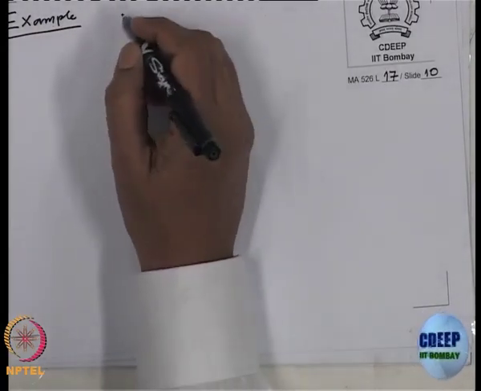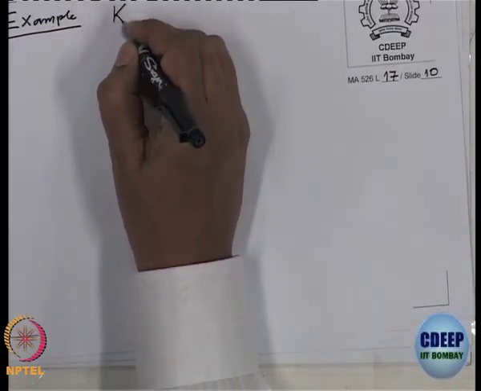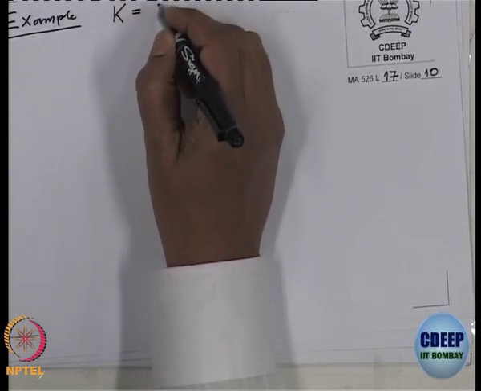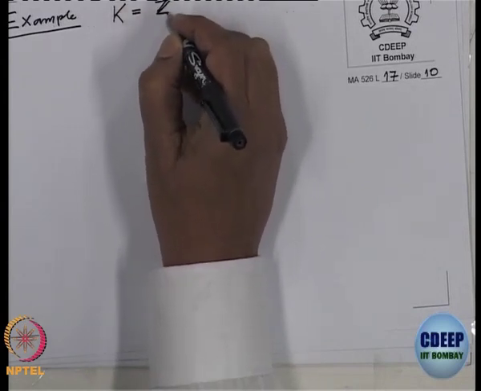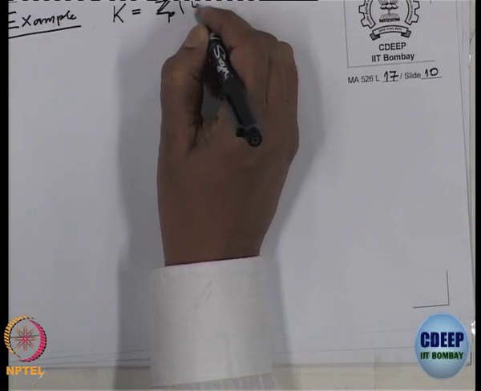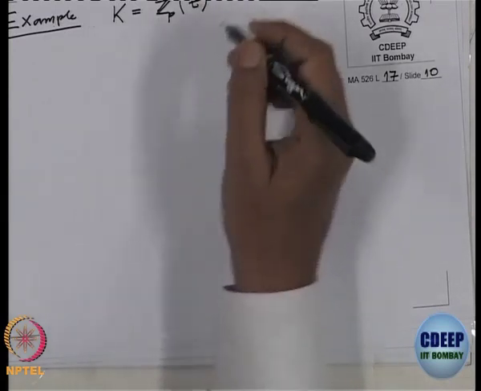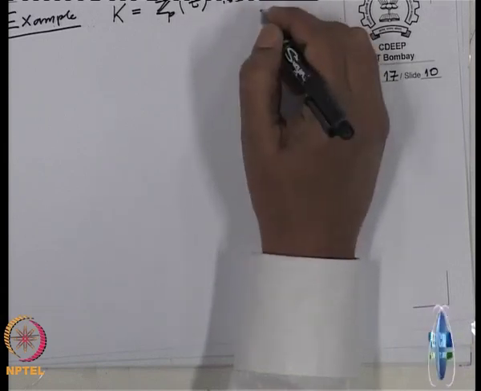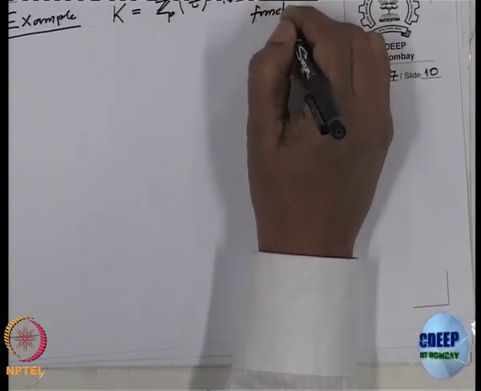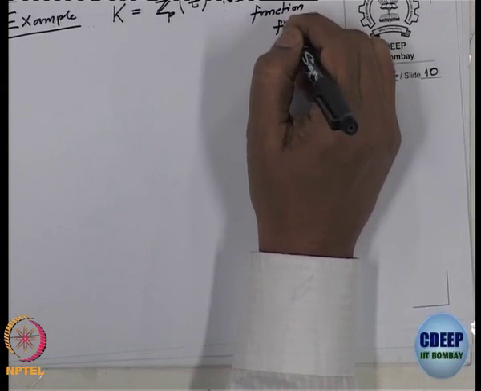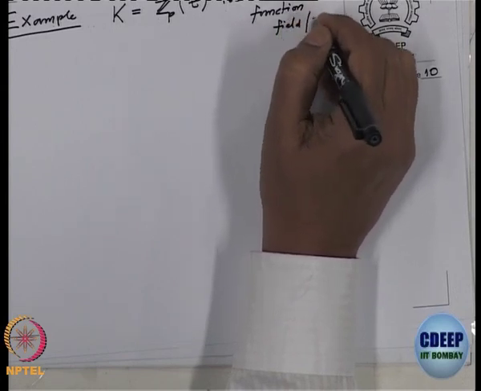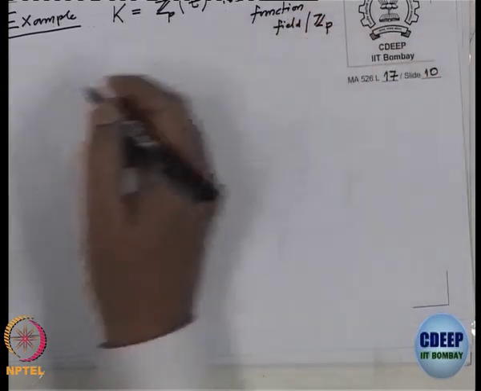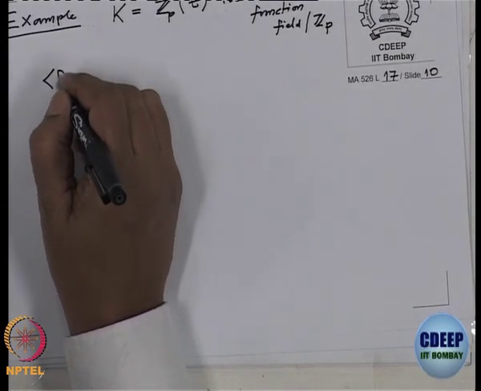So, let us take K to be the prime field Z mod P, and the rational function field in one variable over Z mod P, and let me take only one polynomial f.